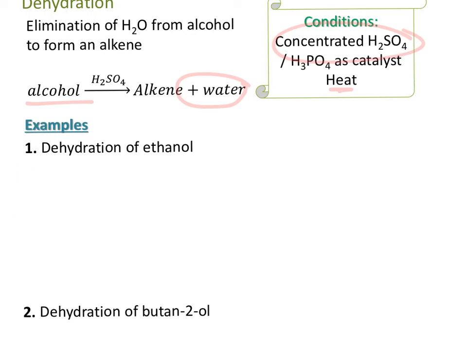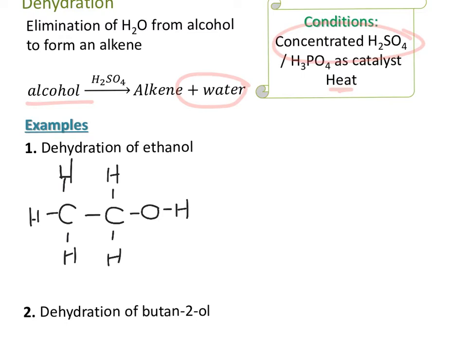So, starting with ethanol. Okay, just giving us a nice easy one. Ethanol, it doesn't matter where the OH is. We know what's going to happen, we're using this as a dehydrating agent. It's not reacting.